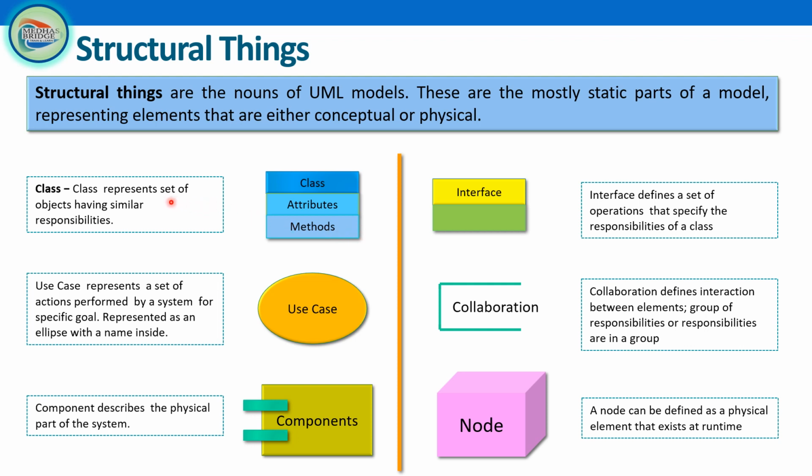A class represents a set of objects having similar responsibilities. This is how we represent it. Let's look at use case. A use case represents a set of actions performed by the system for a specific goal, represented as an ellipse with a name inside.